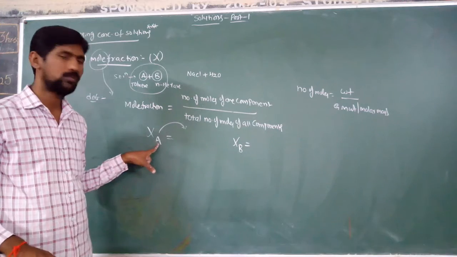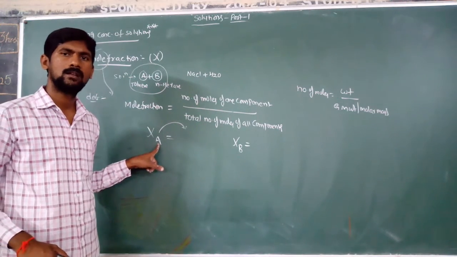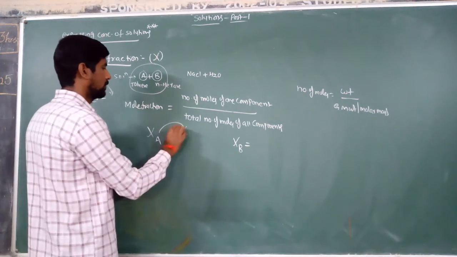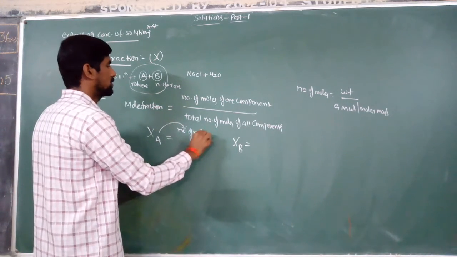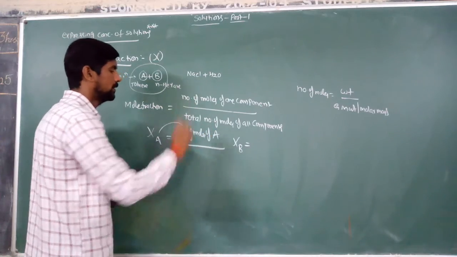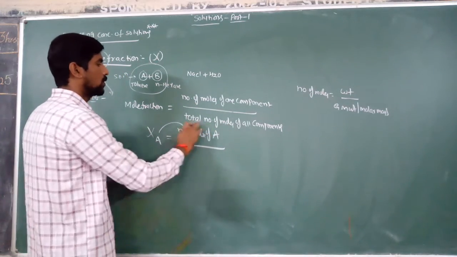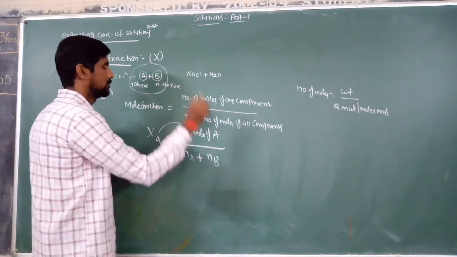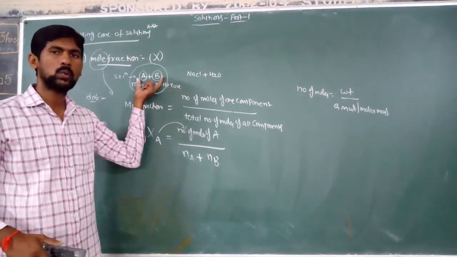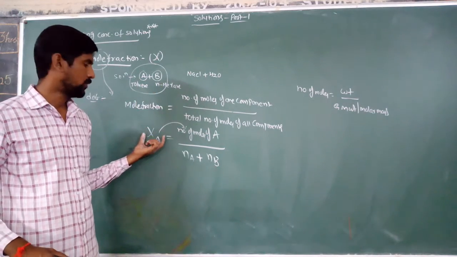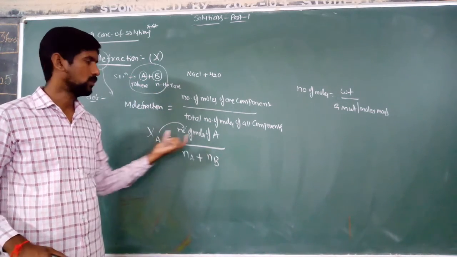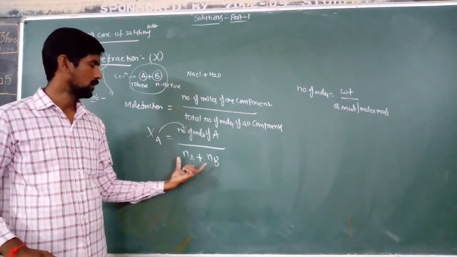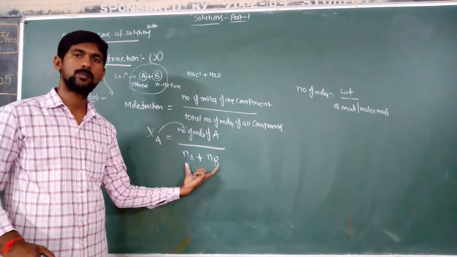Here we have to find out the mole fraction of A. Therefore, in the numerator, we have taken number of moles of component A, by total number of moles of all the components.